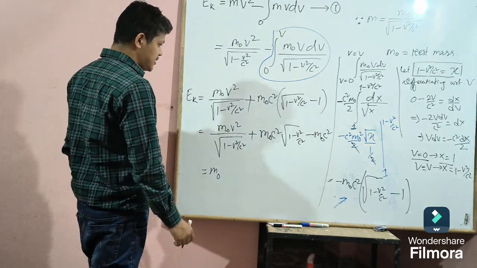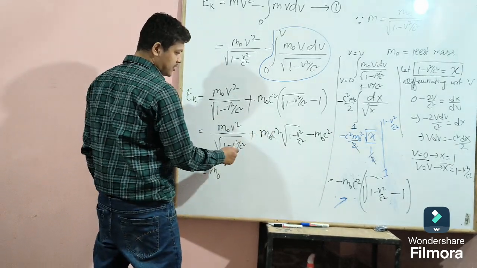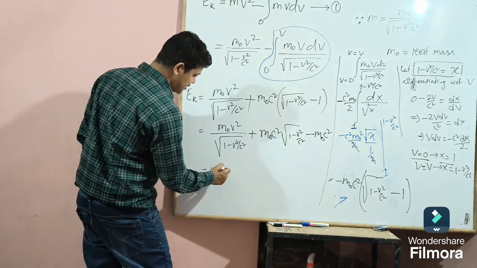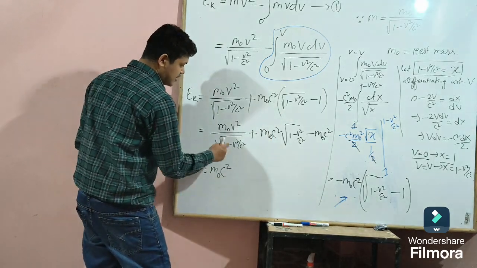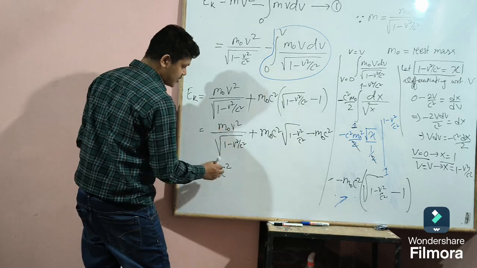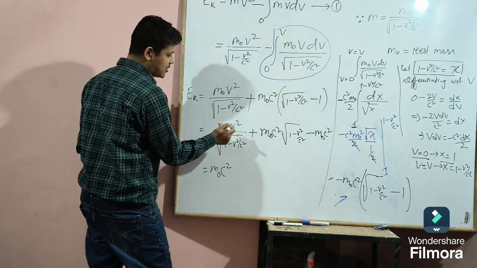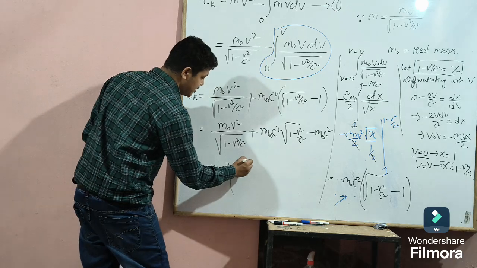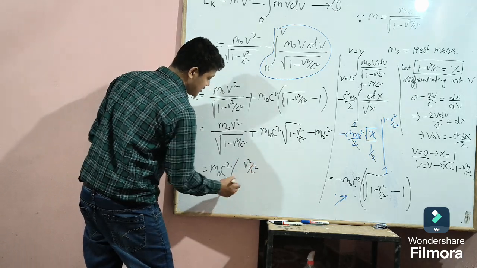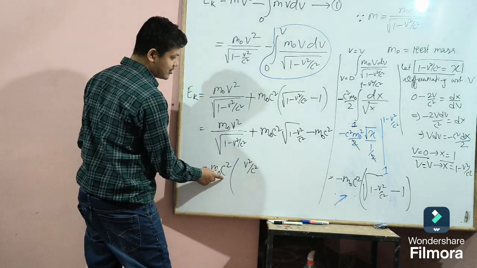Then if you take the c square common, not c naught, c square common, then this b square, so here there is no c square, there is b square, so that's why after taking common this term will be b square by c square, right? Because we have taken c square also common.